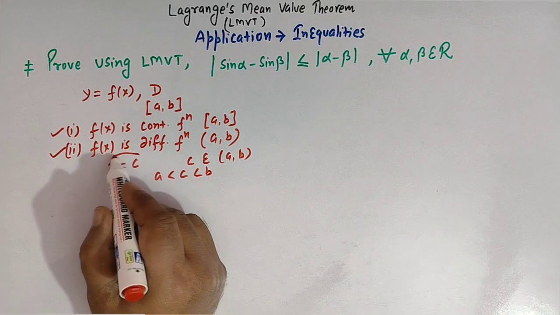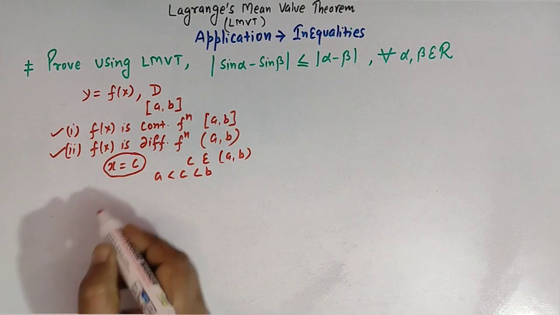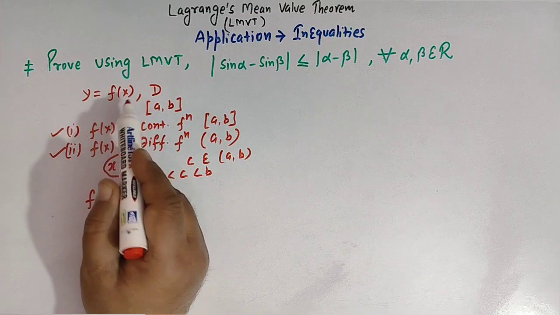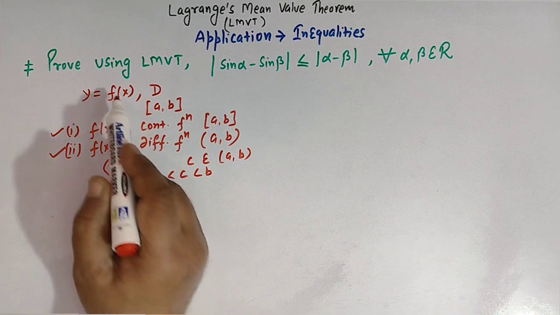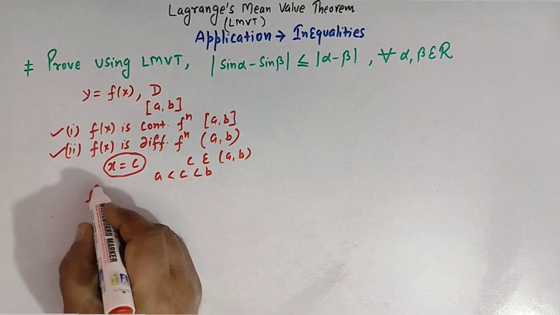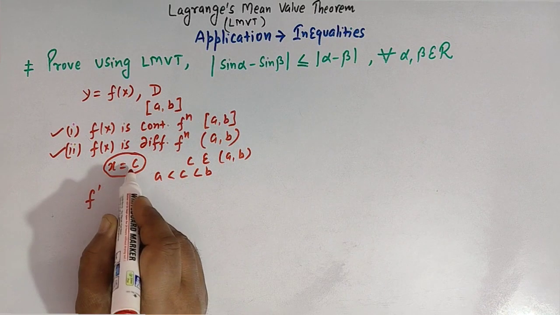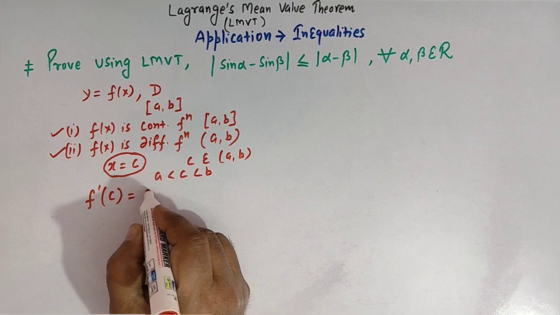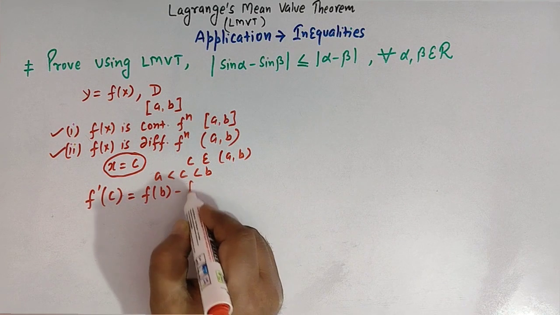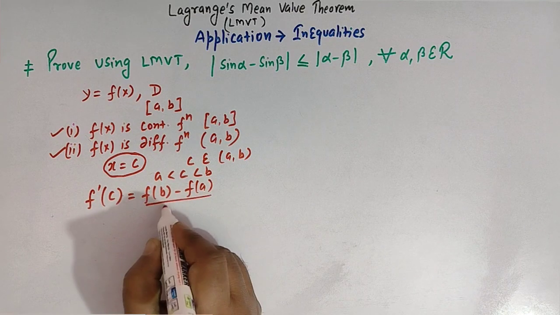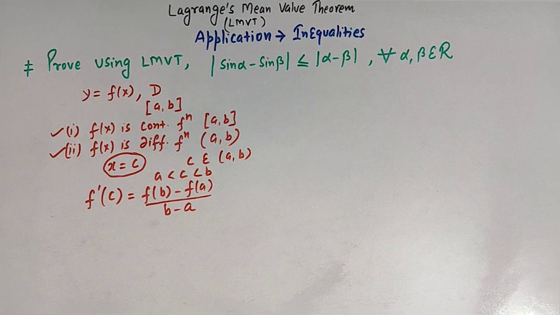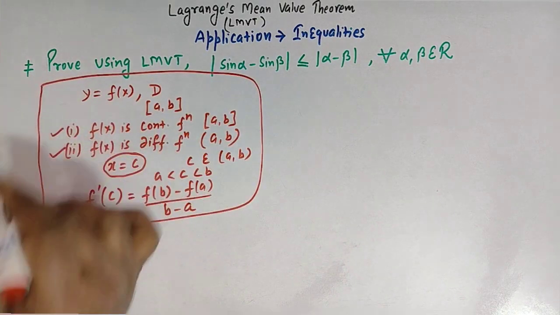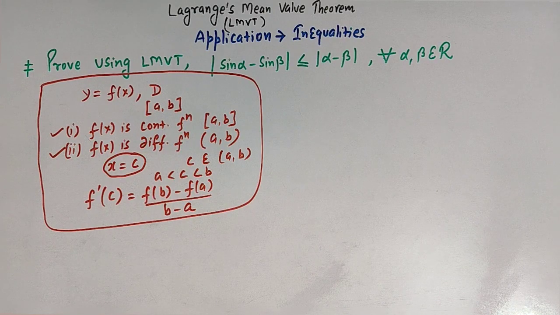So then there must exist a point x is equal to c such that the derivative of this function, because this function is already differentiable, right? So the derivative of this function at this point, which can be written as f prime of c, must be equal to f of b minus f of a divided by b minus a, right? So this is the statement of Lagrange's mean value theorem, right?